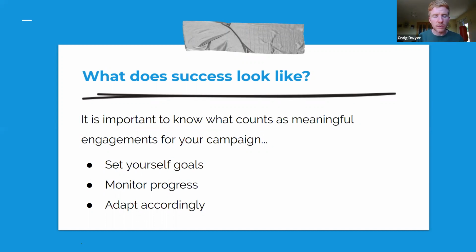I think one of the biggest benefits of social media is the ability to measure everything that we are doing. So if you took out an ad in a local newspaper, you don't necessarily know how many people have seen that ad, but if you put up a video on Facebook, for example, you know how many people it reached, how long they watched for, when they started to drop off.